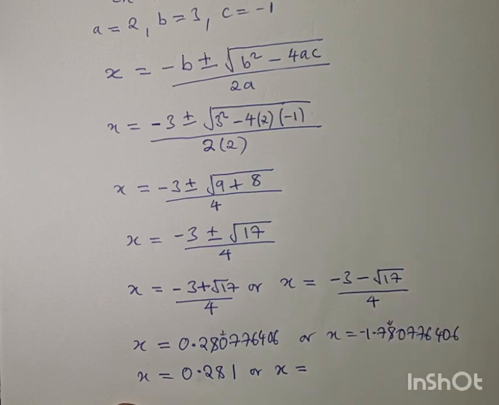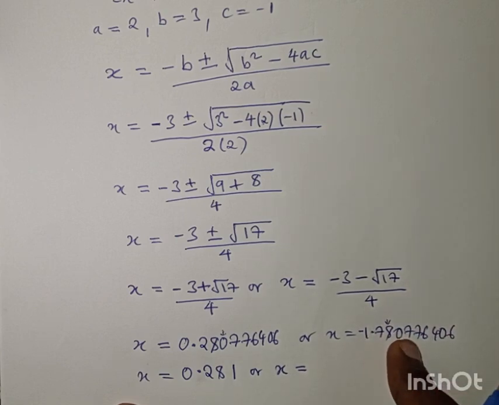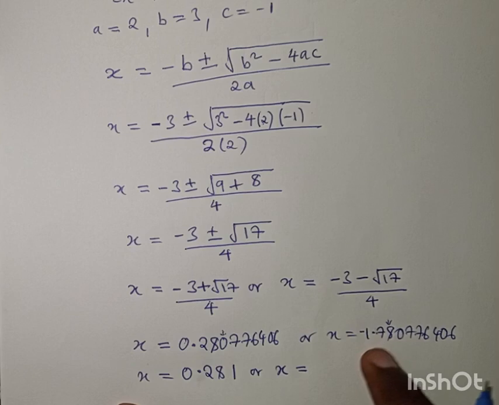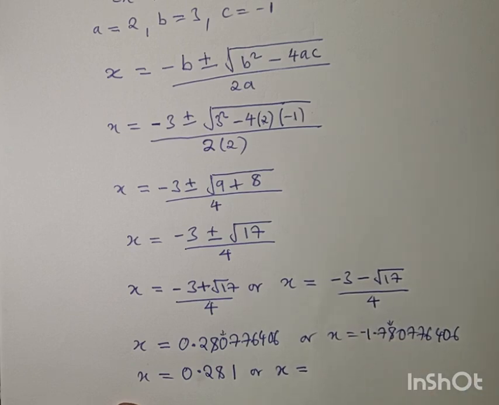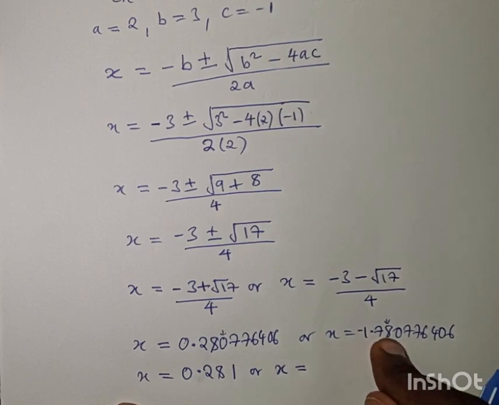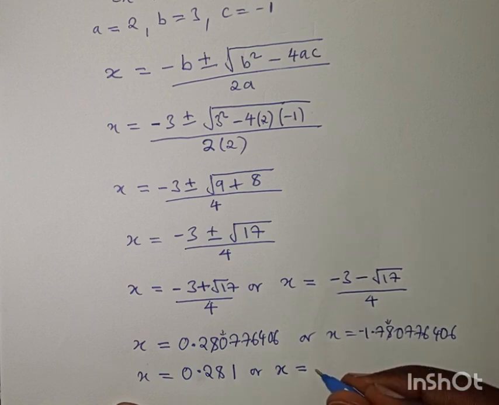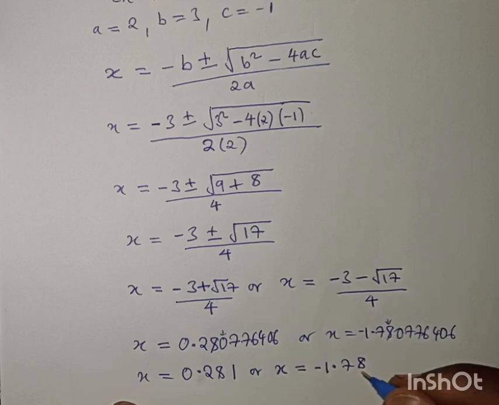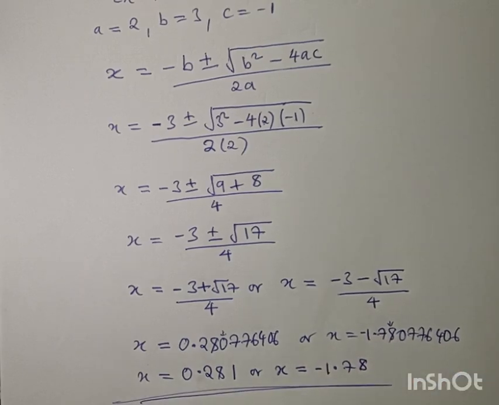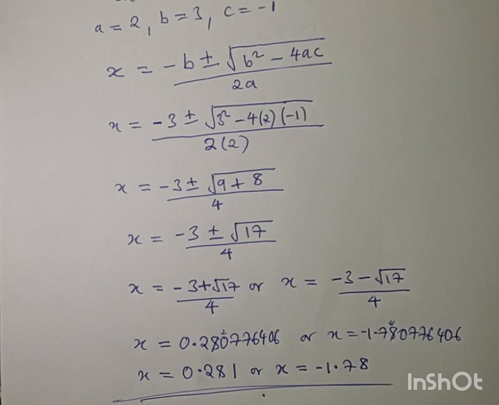Then you look at the next digit. If it is 5 and above, you add 1. If less than 5, you just get rid of the undesired digits. So you stop at 8, since the next digit is less than 5. So negative 1.78.